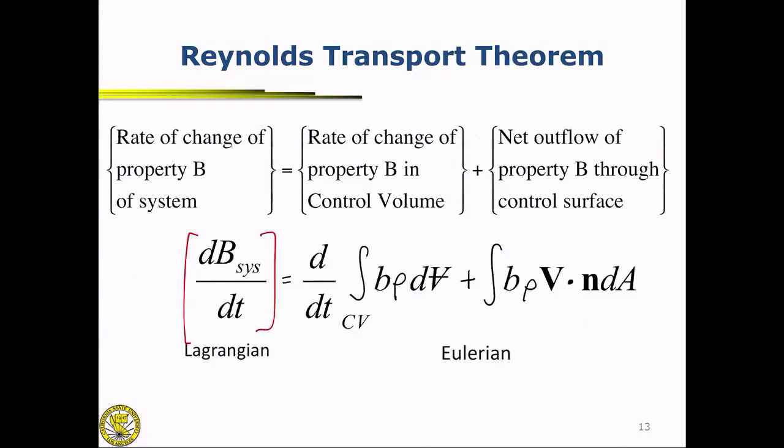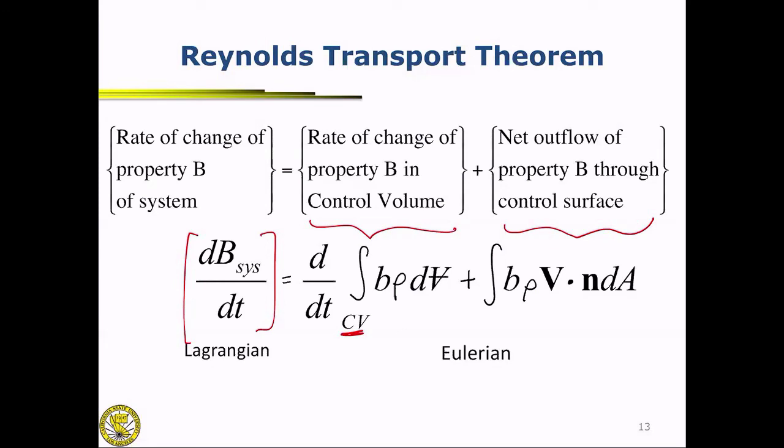This means the rate of change of property B in a control volume. So you can see it's relative to the control volume. And this is talking about the net outflow of property B through a control surface.